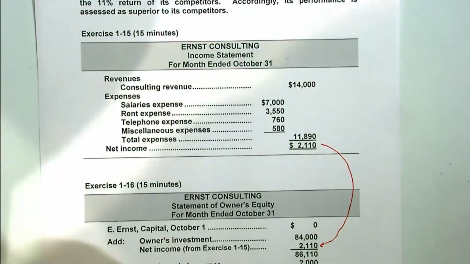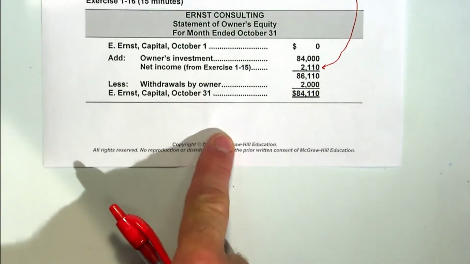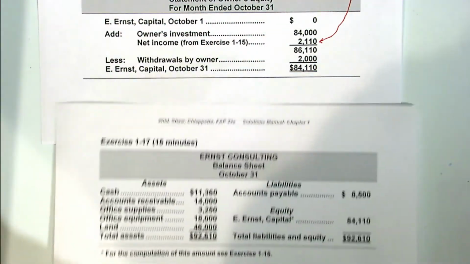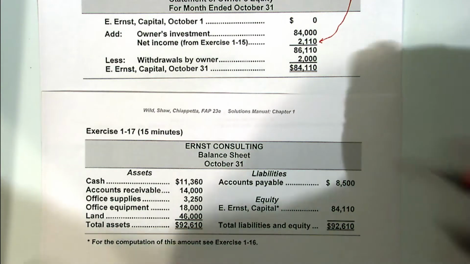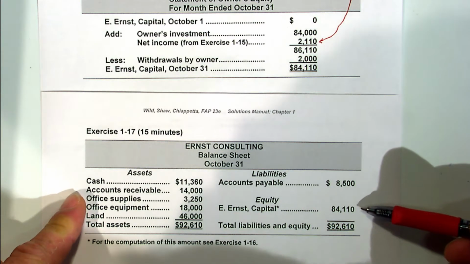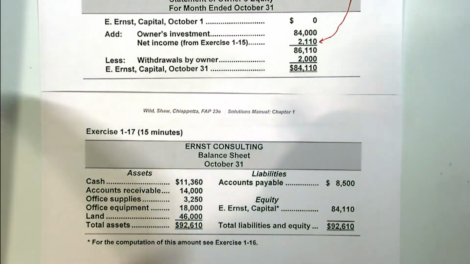Okay, so let's take a look at the balance sheet. All right, that ending balance of capital is going to flow over to it. There it is right there, correct? 84,110. So take a second to look at this balance sheet.